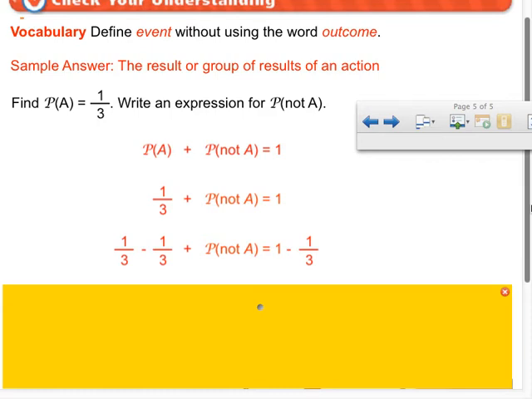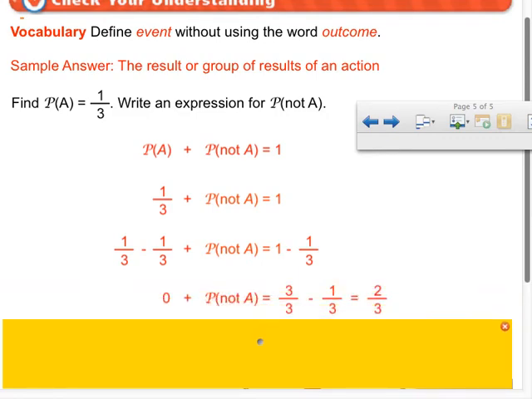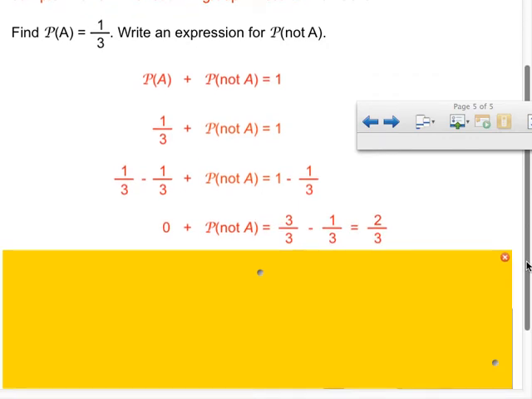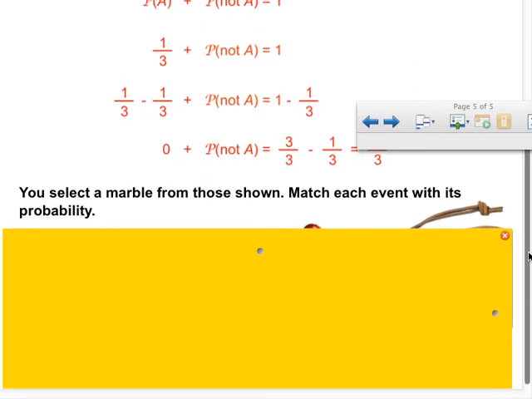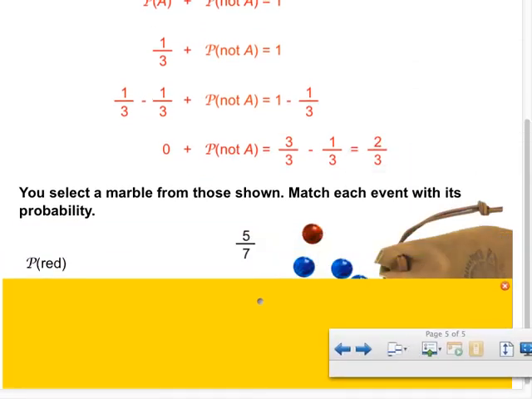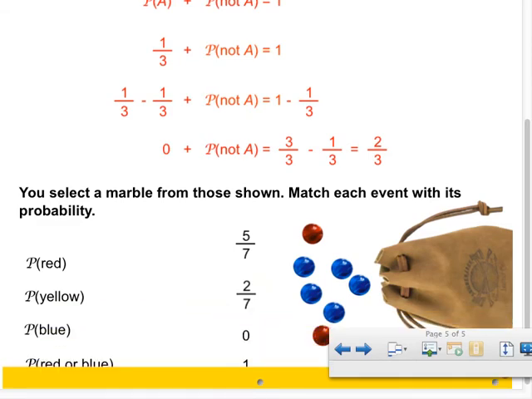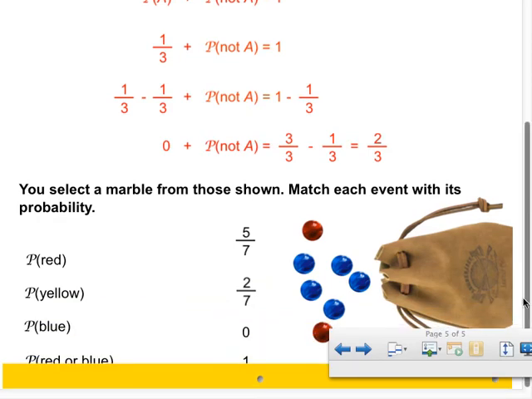Sometimes it might not be that easy. So set it up. Two events, A and its complement, the sum of them equal 1. Solve for it, and then Carter's absolutely correct. It ends up being 2/3. All right. Next example. And then I believe we are done.